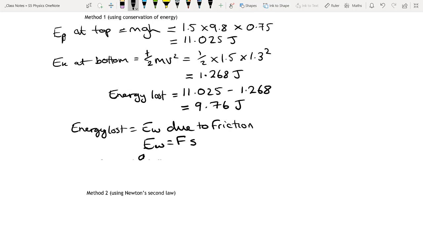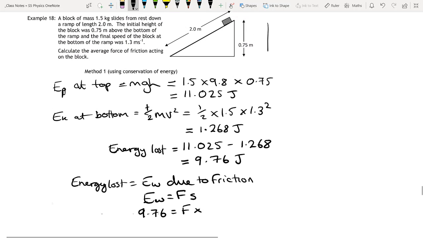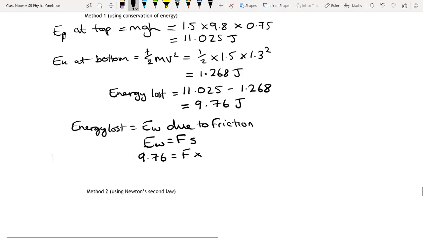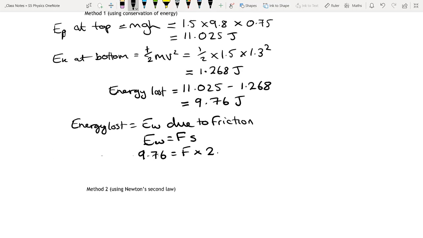So the work done, 9.76, is the force of friction times the distance travelled by the block, so that's the length of the ramp, 2.0. So the force of friction comes to 4.9 newtons.